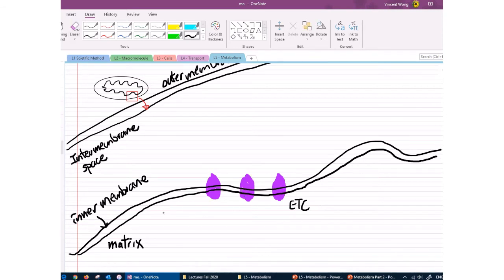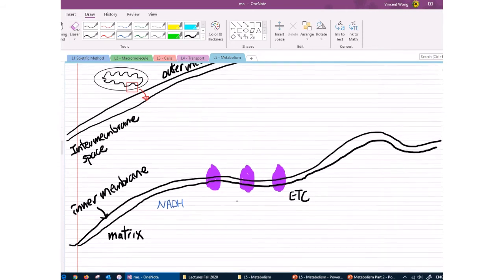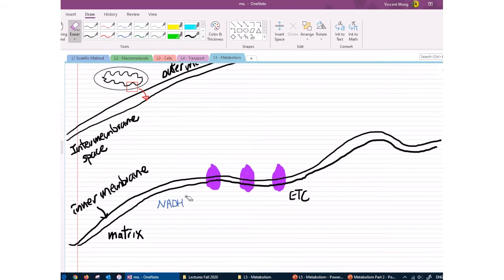So what's going to happen is we are going to have a high energy carrier, right? So we have the NADH as well as the FADH2. But first, let's focus on the NADH. The NADH is going to come to the top of the ETC, to the first membrane protein in the ETC, and the NADH will deposit its electrons.